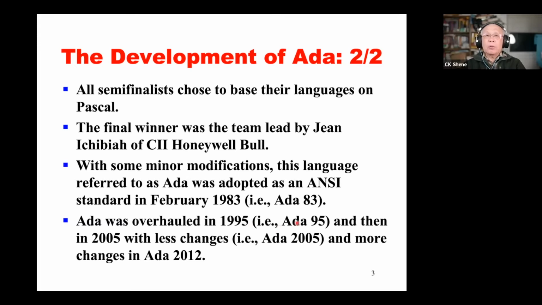As a result, we have the name Ada 95. And then in 2005, with fewer changes, we have Ada 2005, and more changes in 2012. And this is the current version of Ada. It's referred to as Ada 2012. So this is the development history of the language Ada.